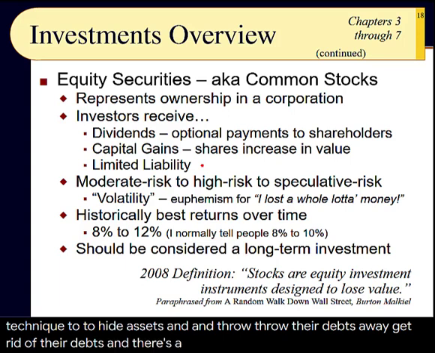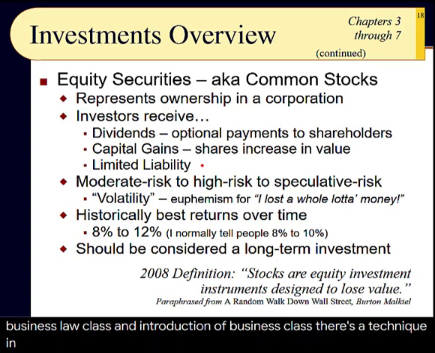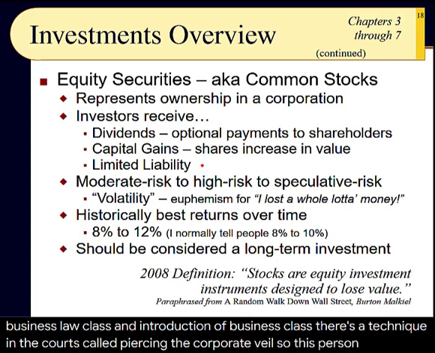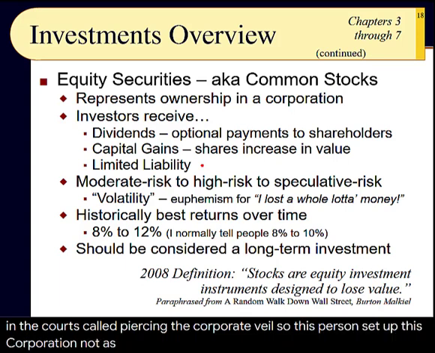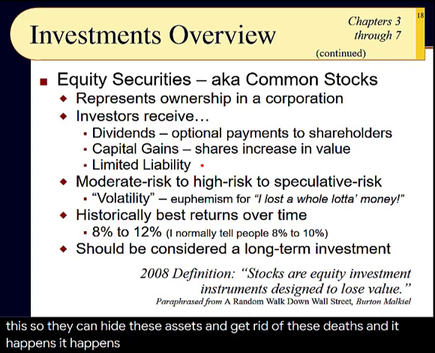You'll learn about this in a business law class, an introduction to business class. There's a technique in the courts called piercing the corporate veil. So this person set up this corporation not as a real corporation to make money. No, they did this so they could hide these assets and get rid of these debts. It happens. Nothing's perfect.